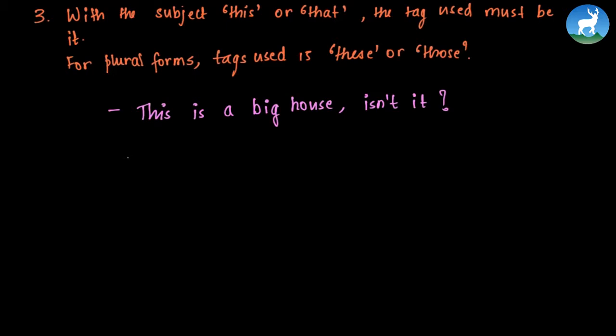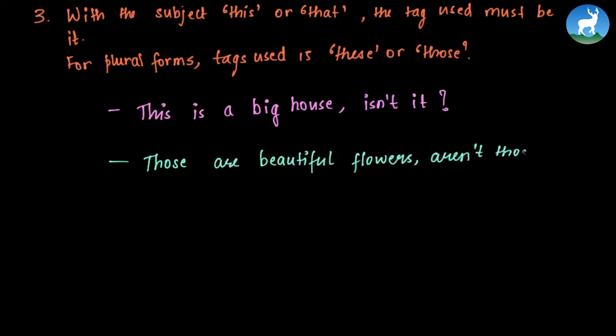This is a big house, isn't it? One house is singular, hence the tag we used is it. In the second example, those are beautiful flowers, aren't those? Because the flowers are plural, we use those.